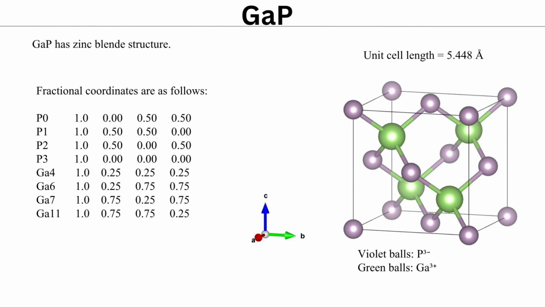In my Vesta model, the violet balls are P3- anions and the green balls are Ga3+ cations. The unit cell is 5.448 angstroms long. This tetrahedral coordination is crucial for the semiconducting properties of GaP.